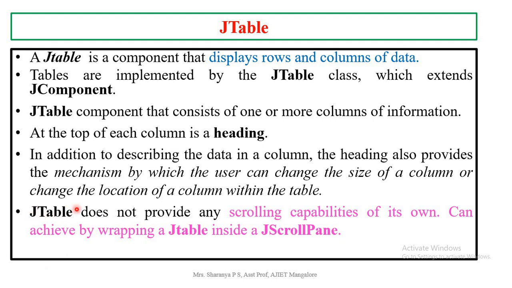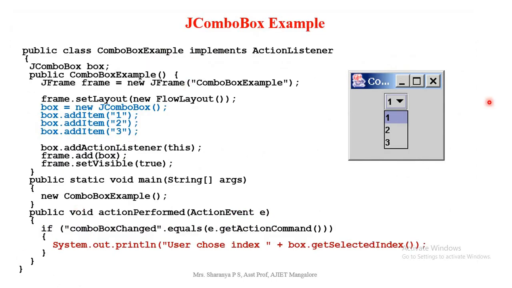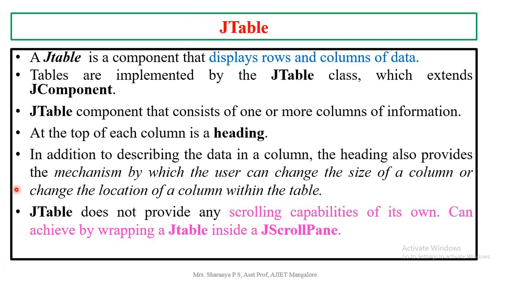And this JTable does not provide any scrolling capabilities, as we observed in the previous methods as well. With the combo box also, by default it will not provide the scrolling option. Even with the JList it was not provided, but explicitly we can provide this by using JScrollPane embedded with the JTable.